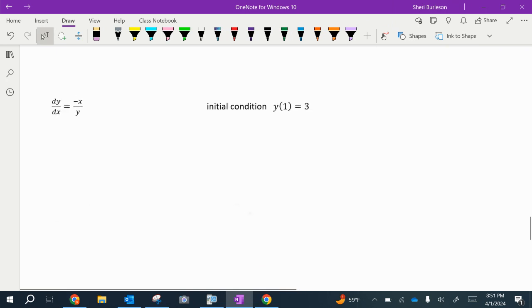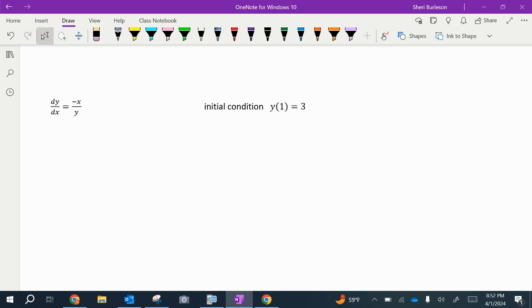So the initial condition is y of 1 equals 3. And I have a differential equation, dy/dx equals negative x over y. So this one has something also that we're going to need to be careful of. And here's where kids are going to make a mistake.